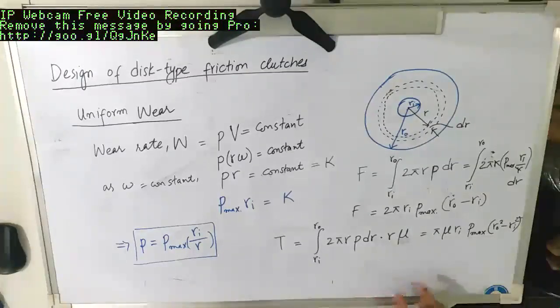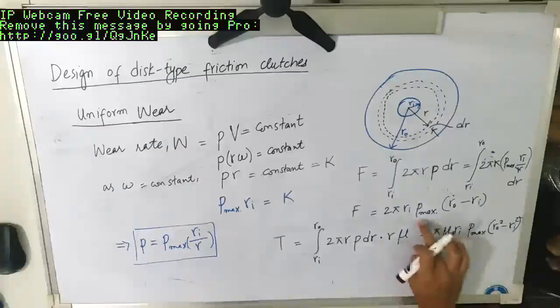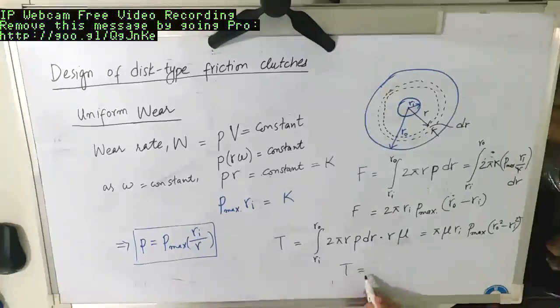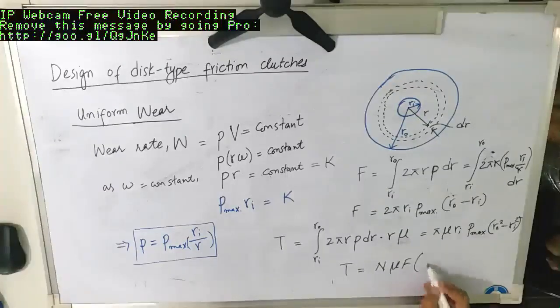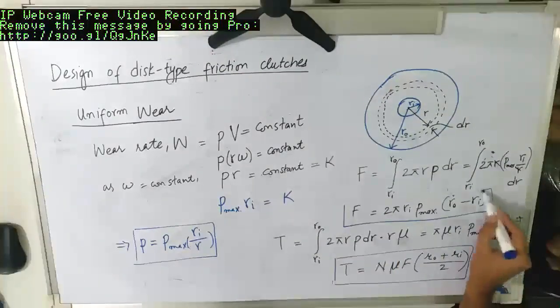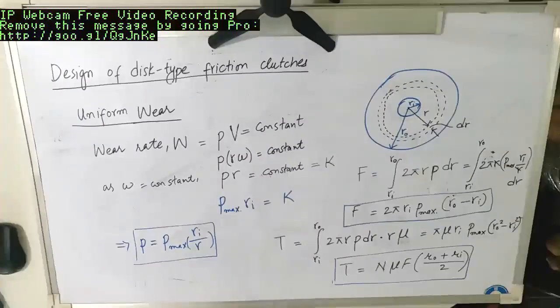And when we again replace this P max here by using this equation, we will get a simplified expression for T, which will be N mu F (R naught plus Ri) divided by 2. So here N again is the number of the clutch surfaces which we have introduced in this equation, and this is the expression for the actuation force. So these two expressions are applicable for the case of uniform wear condition.